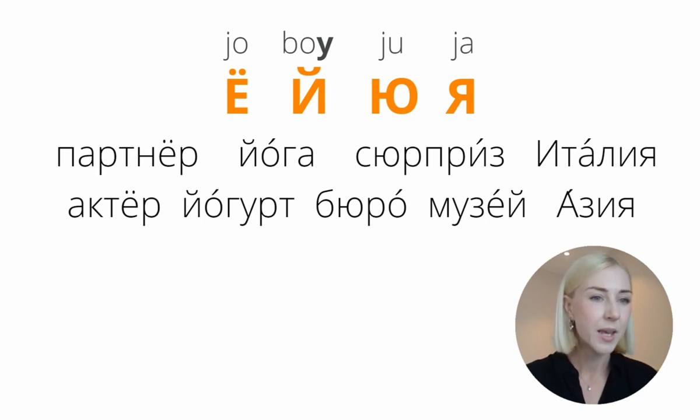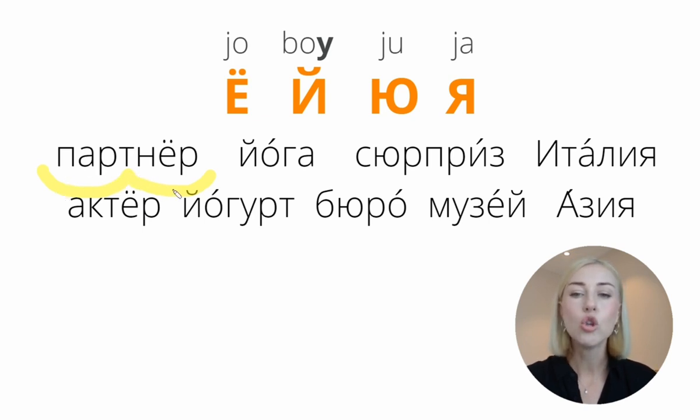Let's read. Okay. I'm going to divide the word into syllables. Partner, partner. You may ask me where the stress is. Yo is always stressed. It means that if you see yo in a word, yo is always stressed.